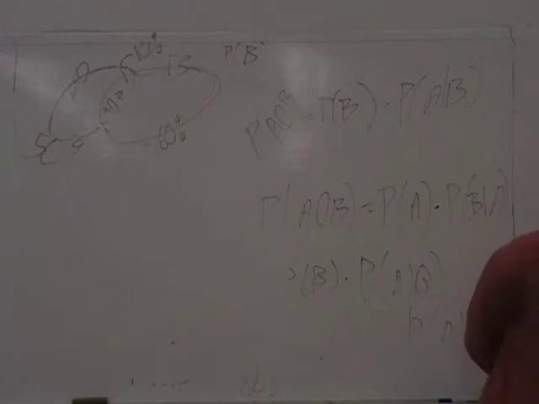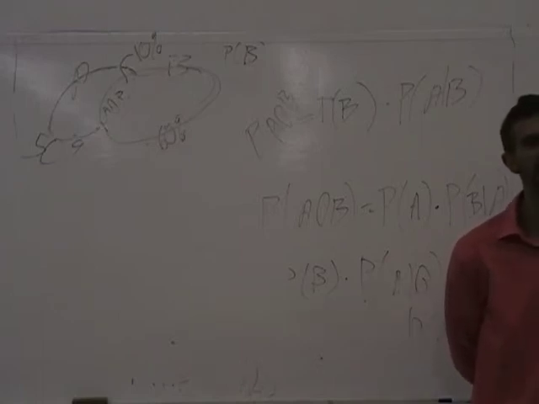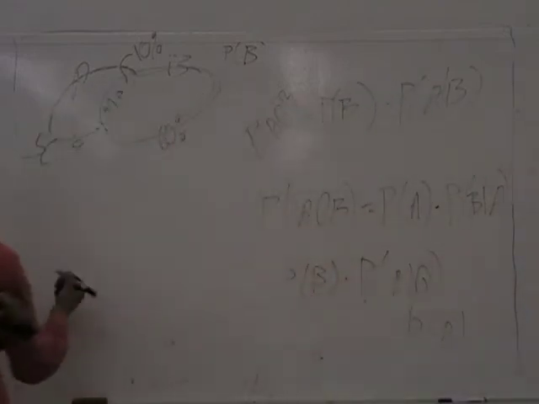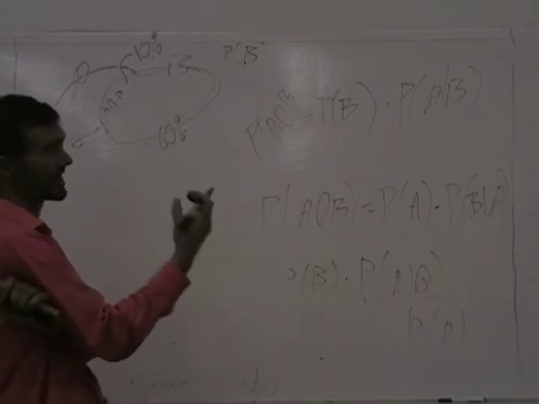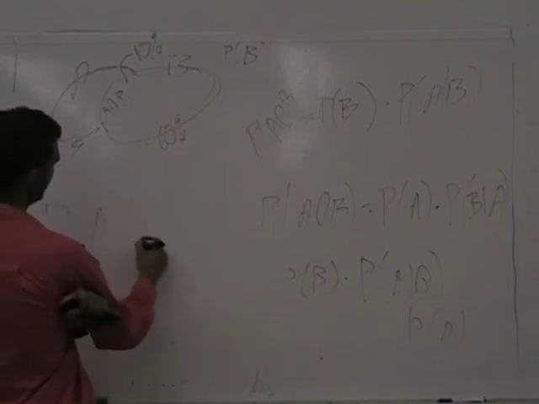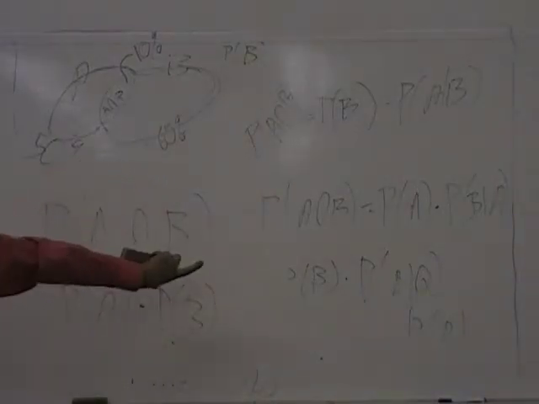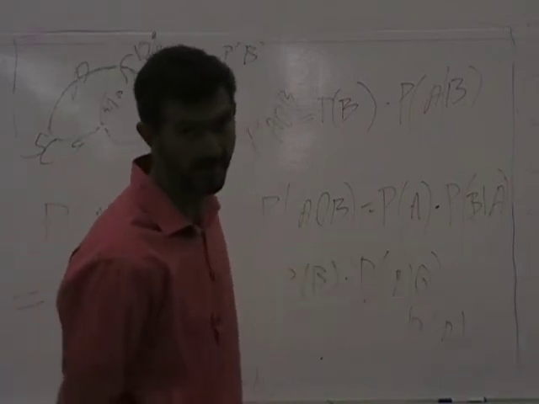At any rate, events which are statistically independent, which is pretty much the same thing as independent in probability: events are independent when the probability of A intersect B equals the probability of A multiplied by the probability of B. This equality is the equivalent statement.